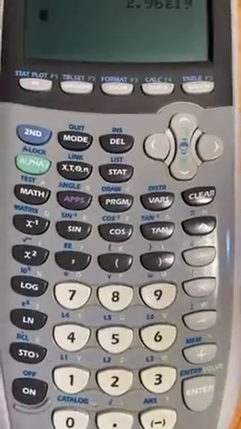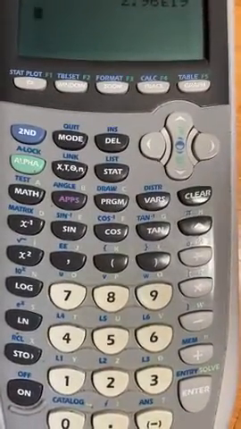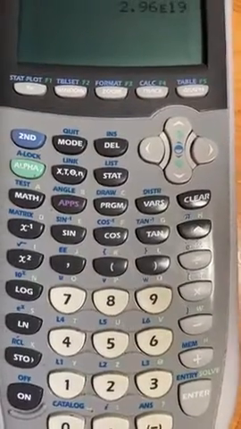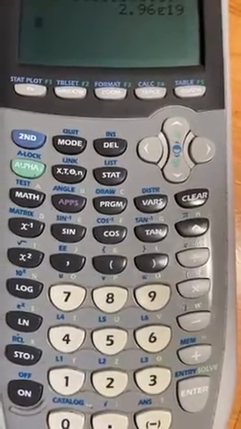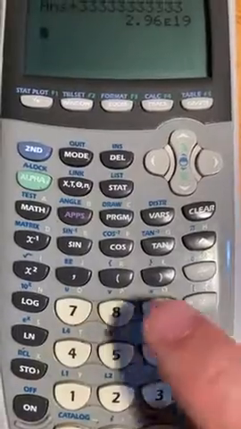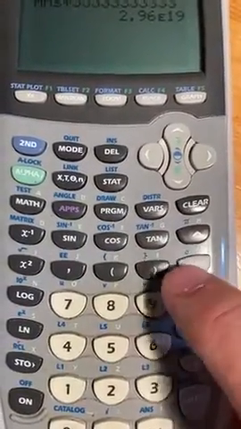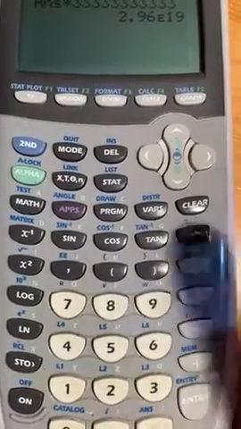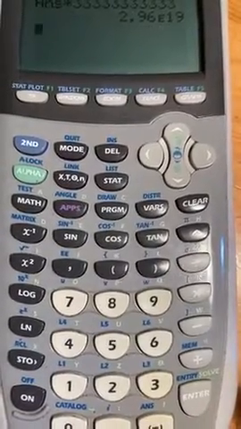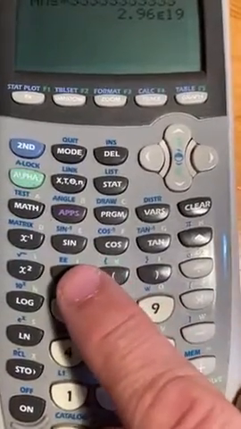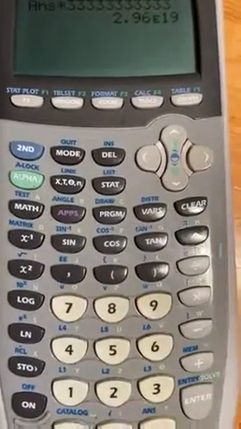And then really a very convenient button to have, and I would say one of the more common buttons that's starting to show up, is times 10 to the N. Somewhere typically around here on the calculator, right on the button, it'll say times 10, and then the N is raised to the exponent power. And that button is read exactly like the EE button is read, times 10 to the.